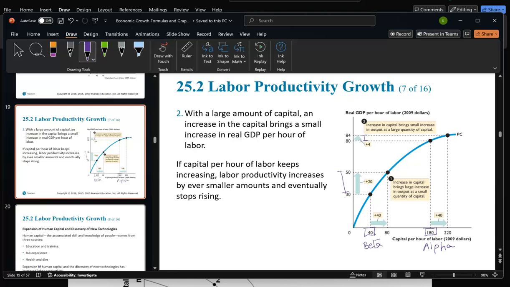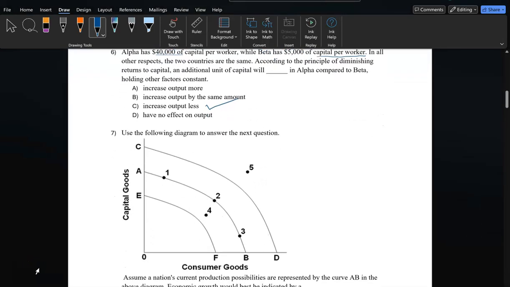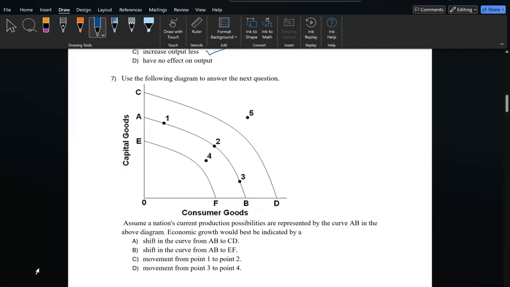This one is only increasing by 4, and this is called the concept of diminishing returns. So beta will grow faster than alpha. An additional unit of capital will increase output less in alpha compared to beta. That means the follower country will grow faster than the leader economy.